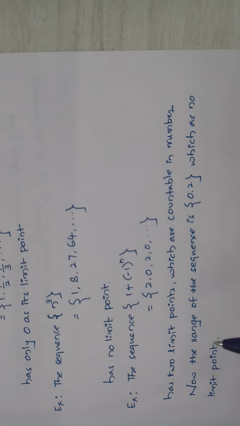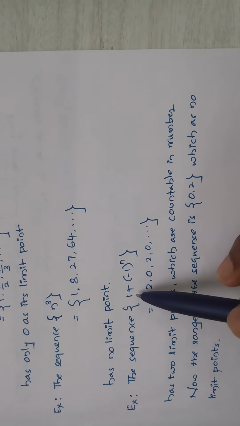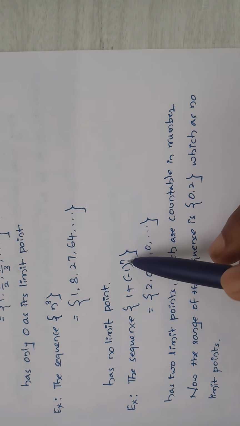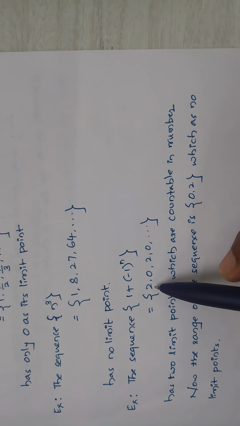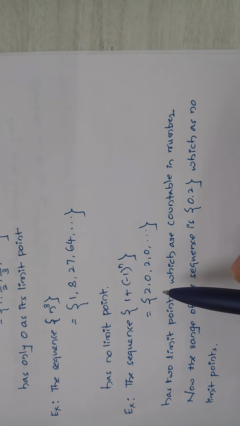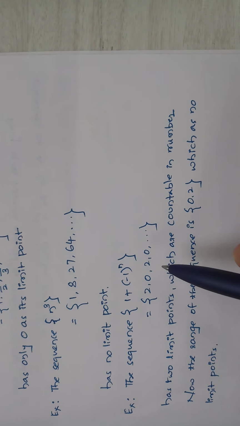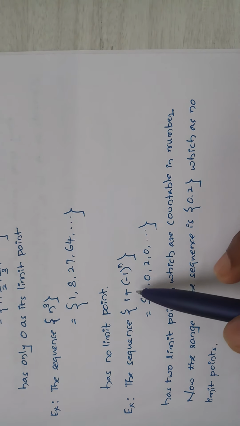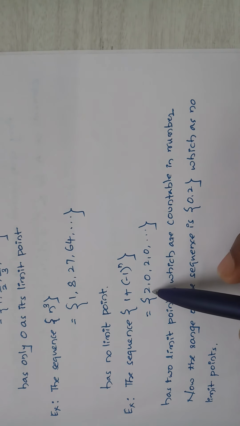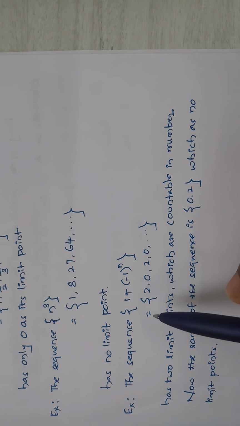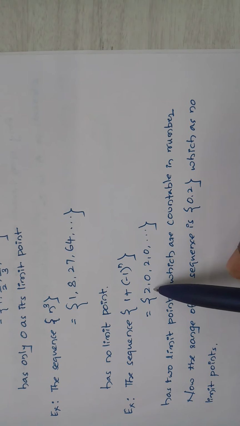Another example is the sequence 1 plus minus 1 to the power n. When n is even, you get 2. When n is odd, you get 0. So here you get two limit points, those are 0 and 2.